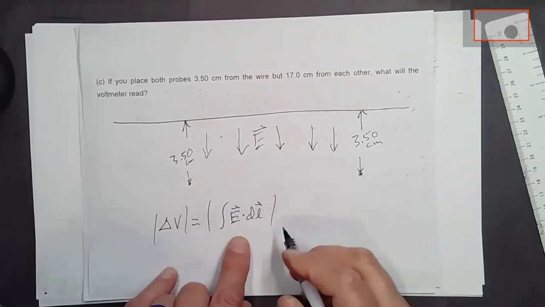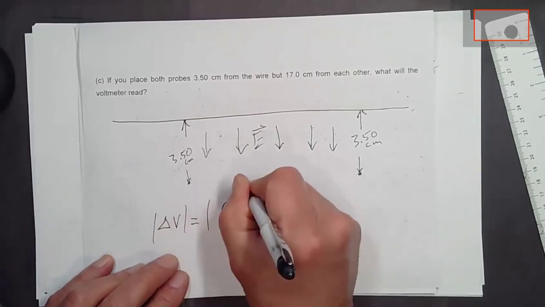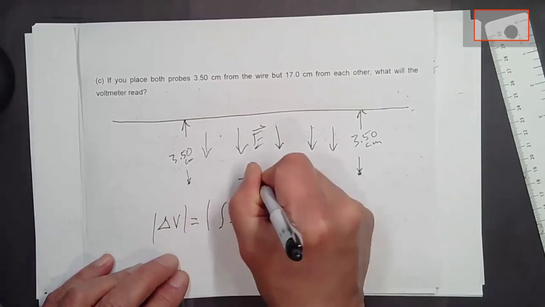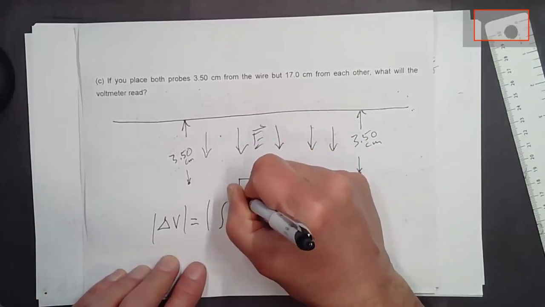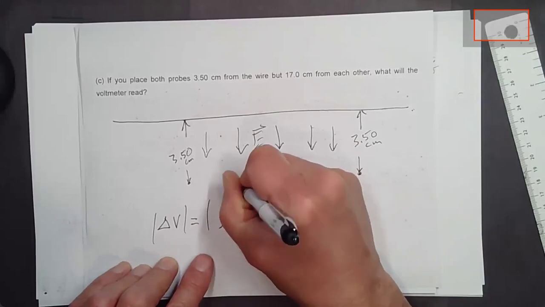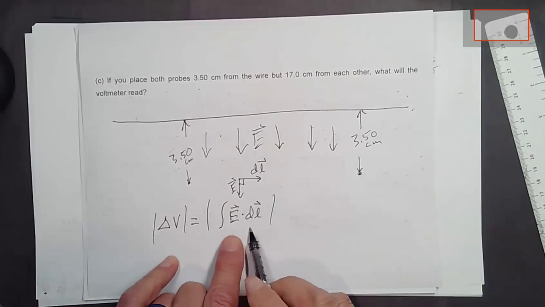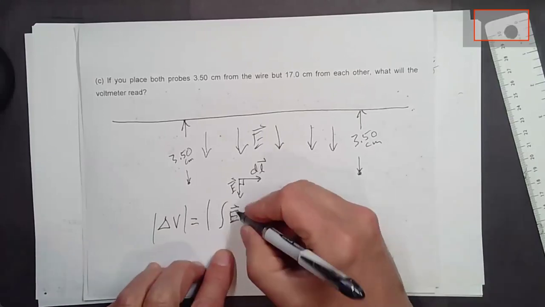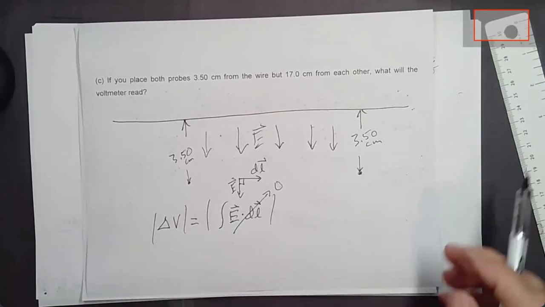Well, as you're going from this to this, your dl is going to point in this direction. E is going to be pointing in this direction, and they will everywhere be perpendicular to each other. And so E dot dl is going to be 0 everywhere, so will its integral. So this will just be 0. And you won't have any potential difference in that case.